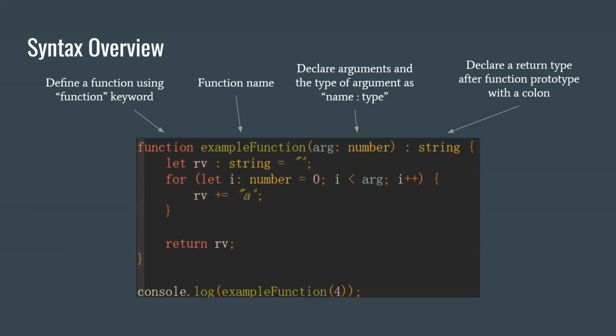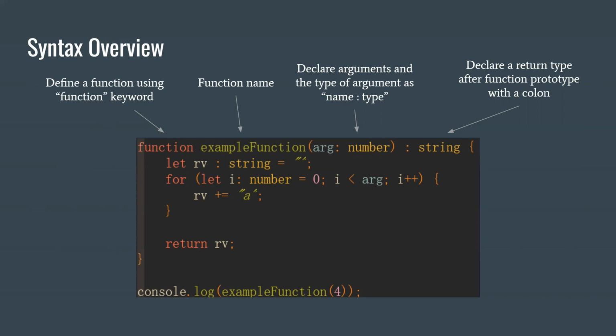Then right after that, you'll give it a name. Then you'll declare the arguments and the type of the arguments. And that's the format of name, type. And then you can declare what the return type of the function is going to be by doing all that function stuff, then a colon, and then the type that the function should return. Then you have the function body, and that's just normal code.